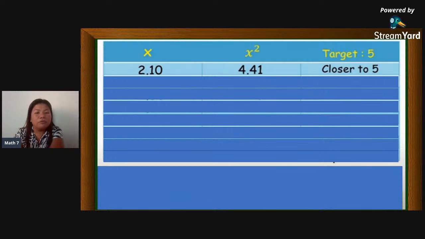Is it 4.41? Check nyo. 2.1 times 2.1. Anong sagot?